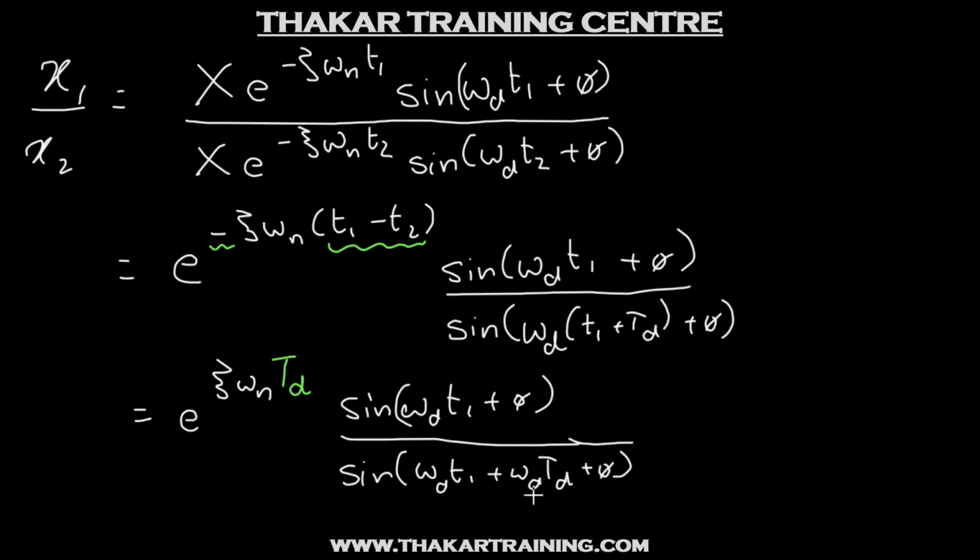Okay, now what will be the product of omega d into td? What is td? td is nothing but 2 pi by omega d, right? So td into omega d is nothing but 2 pi. So in the next step, I'll replace this with 2 pi. Alright.